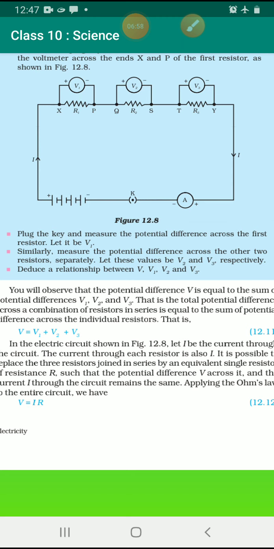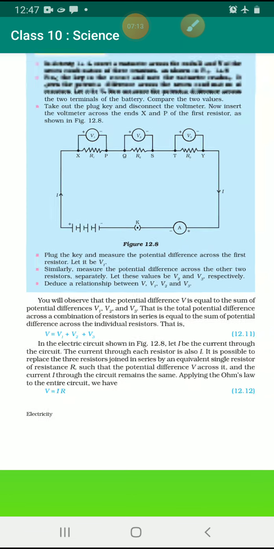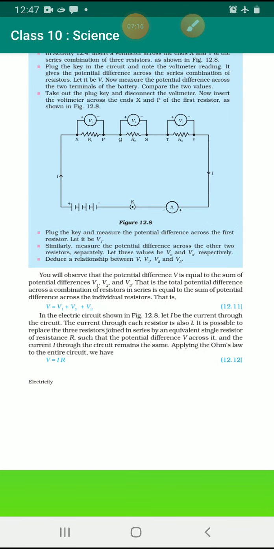Finally, when we take the total across the two ends, we also get 18, right? So we can conclude that we will observe the potential difference V is equal to the sum of potential differences V1, V2 and V3.